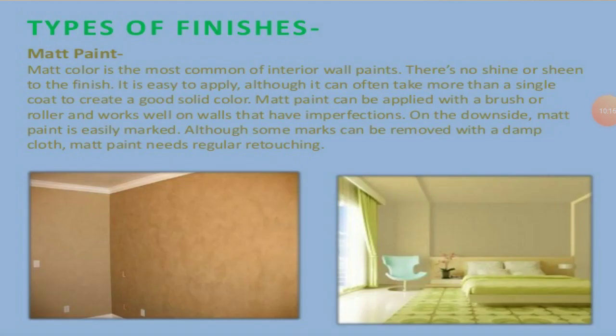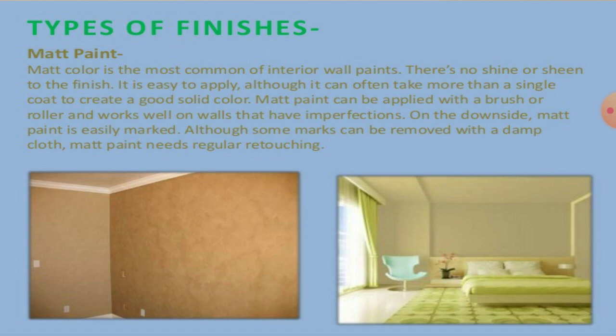Then the types of finishes. There are matte paints. Matte color is the most common of interior wall paints. There is no shine or sheen to the finish. It is easy to apply, although it can often take more than a single coat to create a good solid color.